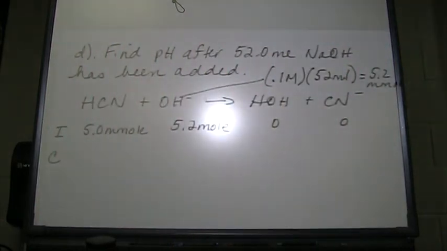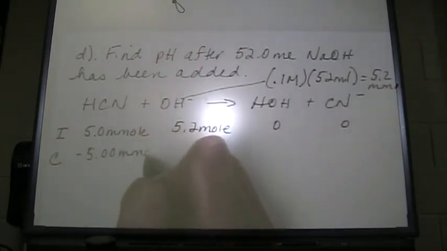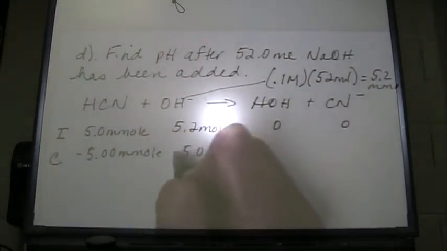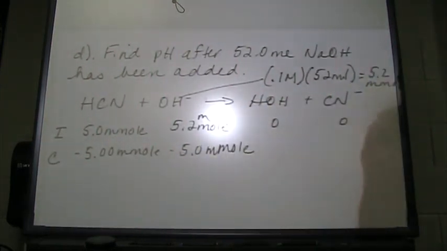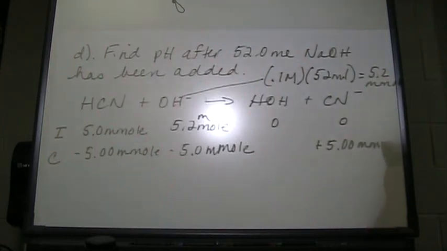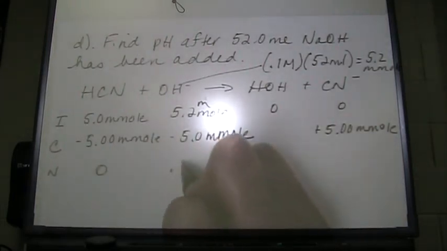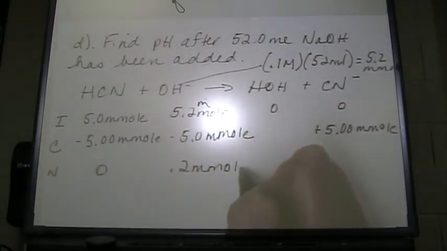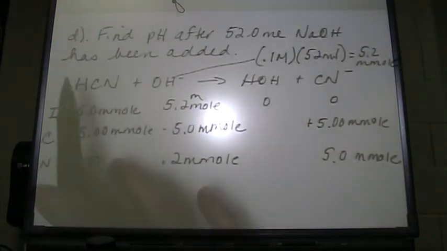The change, this time the H limits, we'll use up all of this and make some of this. So after neutralization, this is gone. We have 0.2 millimoles of OH, and we have 5 millimoles of the conjugate base of the weak acid.